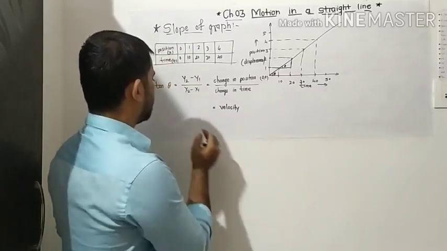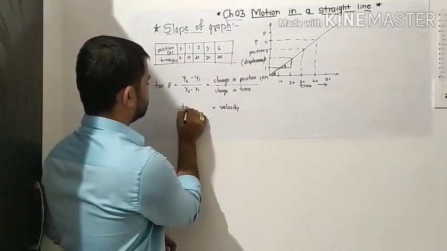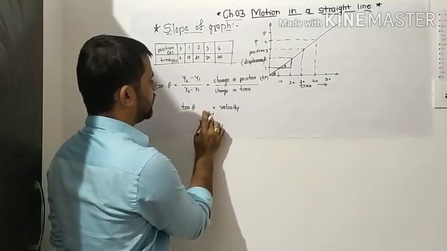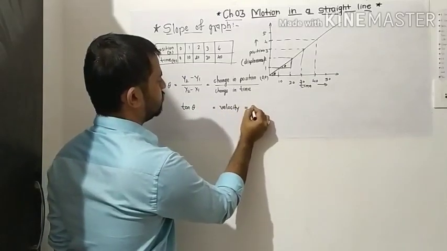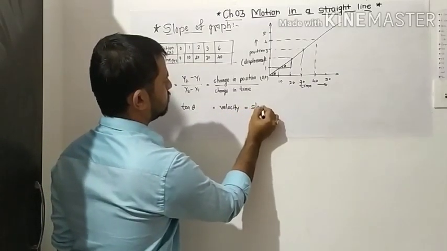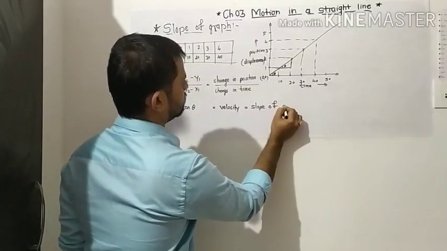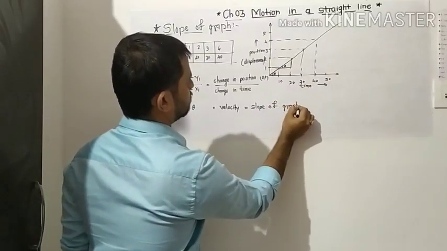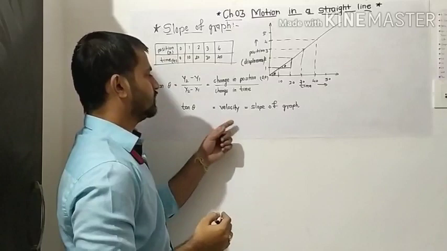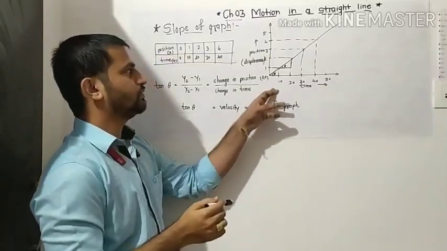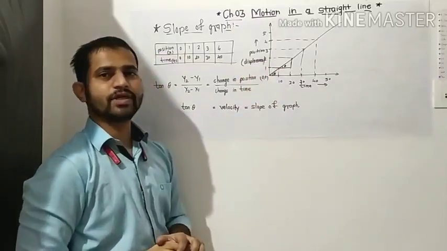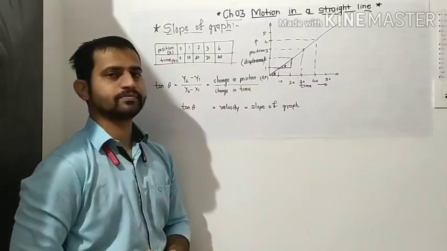So we can write here tan theta is equal to velocity is equal to slope of a graph. In this case the slope of a graph of position versus the time gives us the velocity.